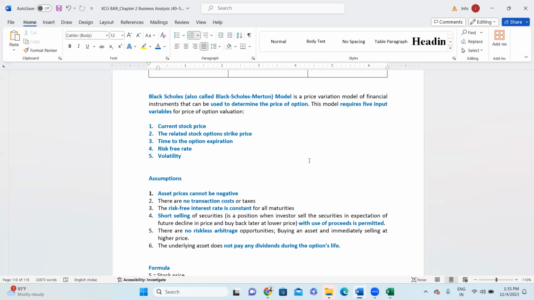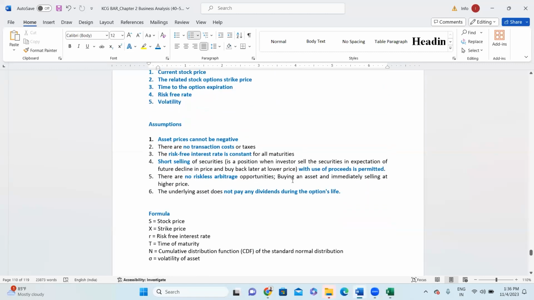First is the asset price cannot go negative. Second is there are no transaction costs. Third is the risk-free interest rate is constant and same. And then fourth is short selling with the use of proceeds is permitted. Fifth one is no riskless arbitrage. And the last one is no dividend paid during the option life.